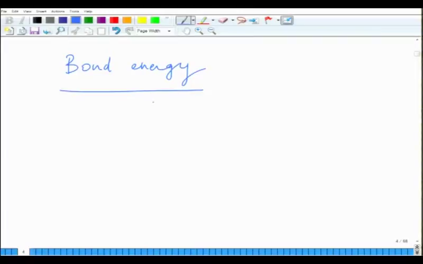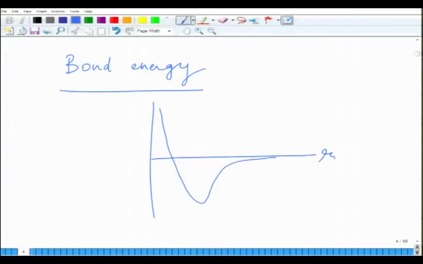So, if you have a plot like that, this is the separation distance R, this is the energy E, and the energy corresponding to the separation distance at which energy is minimum is the bond energy of the materials. And this bond energy has profound correlation with the basic properties of materials. So, let me now get into the bonding.